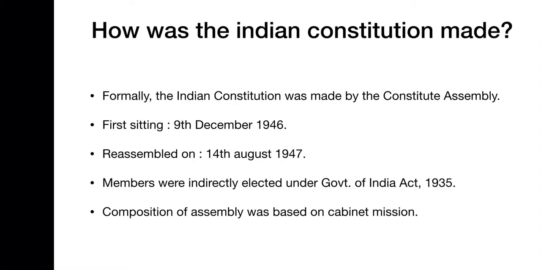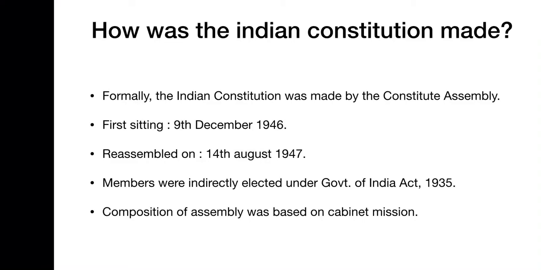So this slide is related to how the Indian Constitution was made. Let us find out how the Indian Constitution was made. We can say that formally the Indian Constitution was created by Constituent Assembly, which was then elected for undivided India.